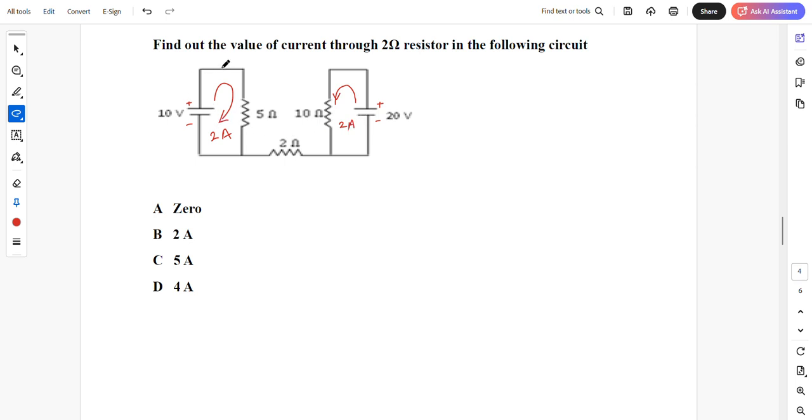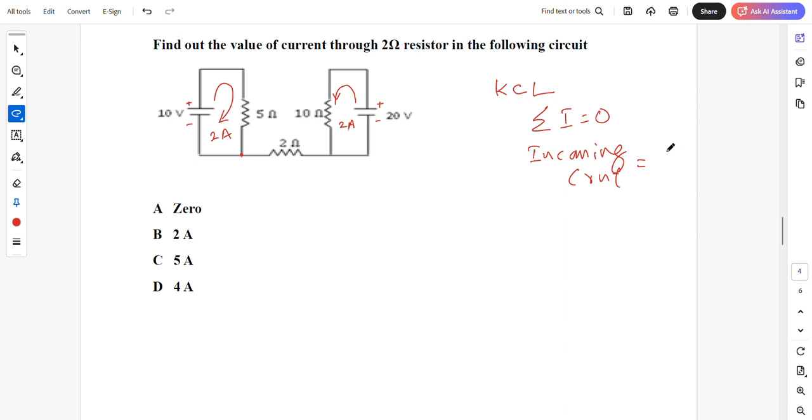This is one loop, and this is another loop. In this loop, I is equal to V by R, 10 by 5, is 2, and in the other, 20 by 10, 2 amperes of current will be flowing. What happened now? This current will come here. According to KCL, Kirchhoff's current law, sigma I should be equal to 0, or incoming current is equal to outgoing current.